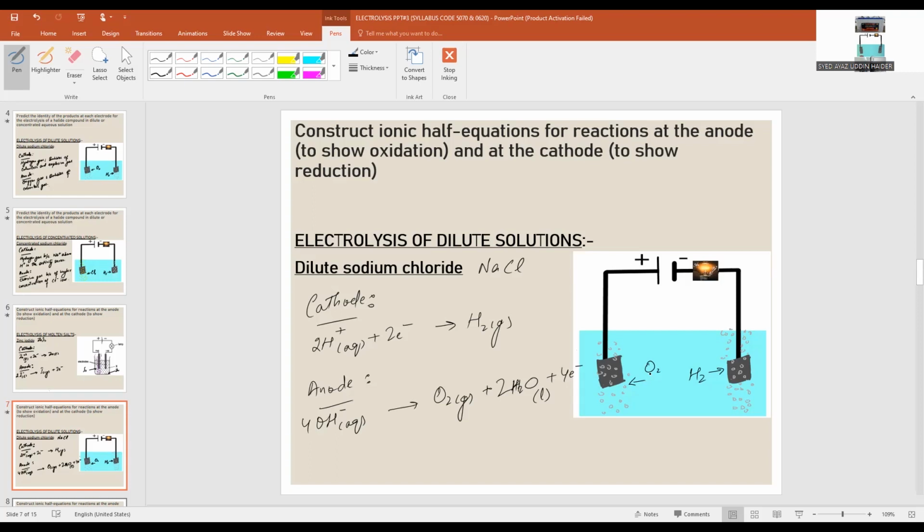Recall, gain of electrons is reduction and loss of electrons is oxidation. So reduction takes place at the cathode and oxidation takes place at the anode. Notice one thing here: you need to write aq instead of l, which means aqueous, or in water. The ions are in water.